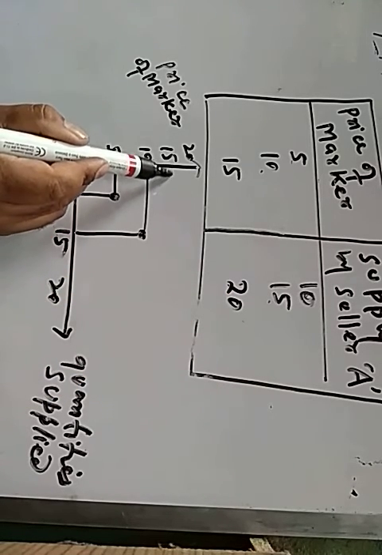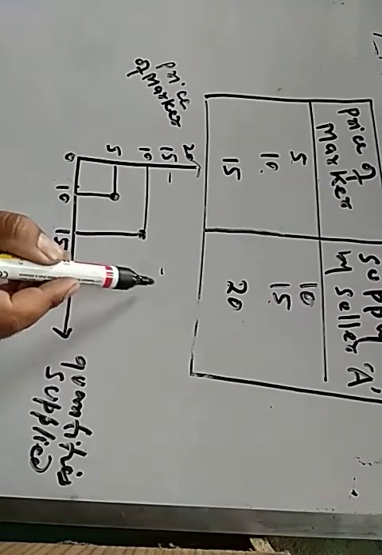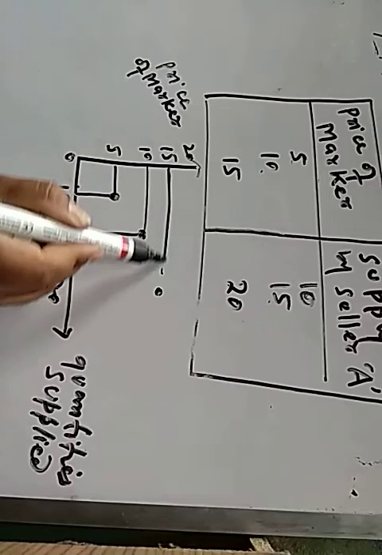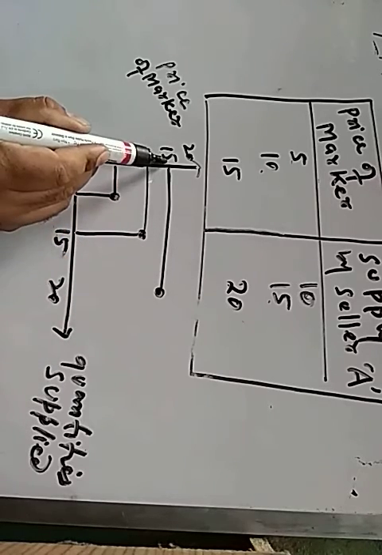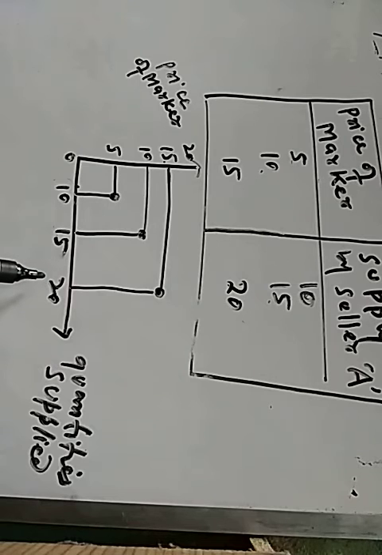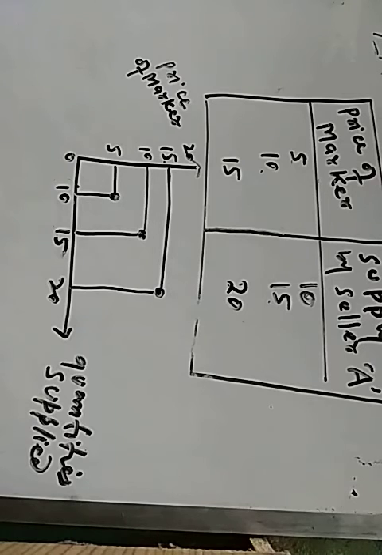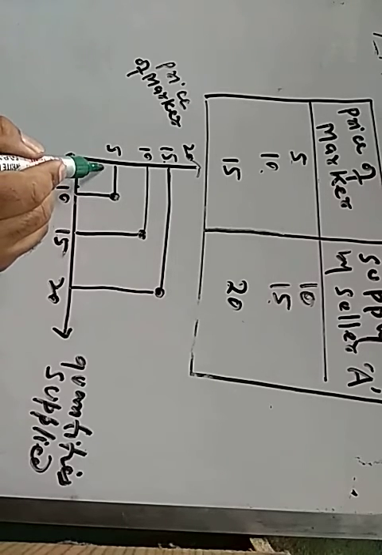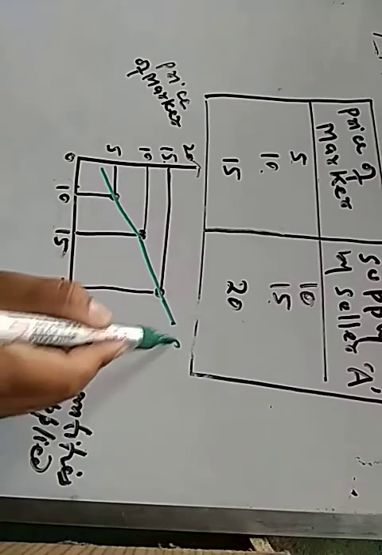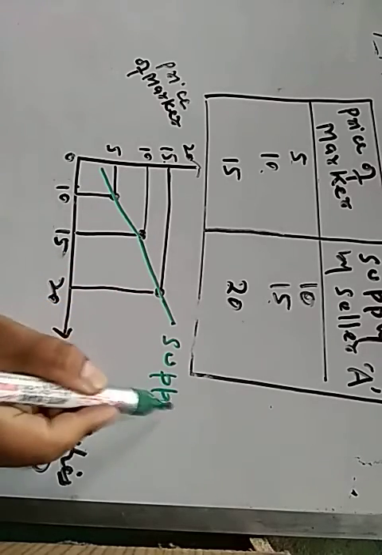When price is 15 and supply is 20 units, this is the price on the vertical axis, and on the horizontal axis this is the total quantity supplied of the commodity marker. Now joining these points, we will get a curve. This is the supply curve.